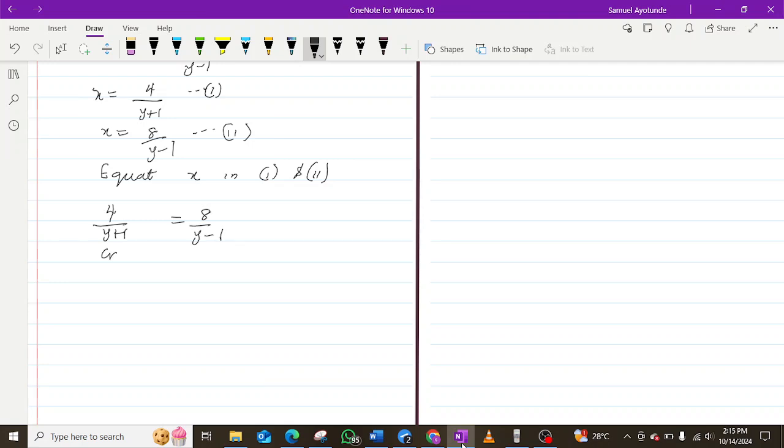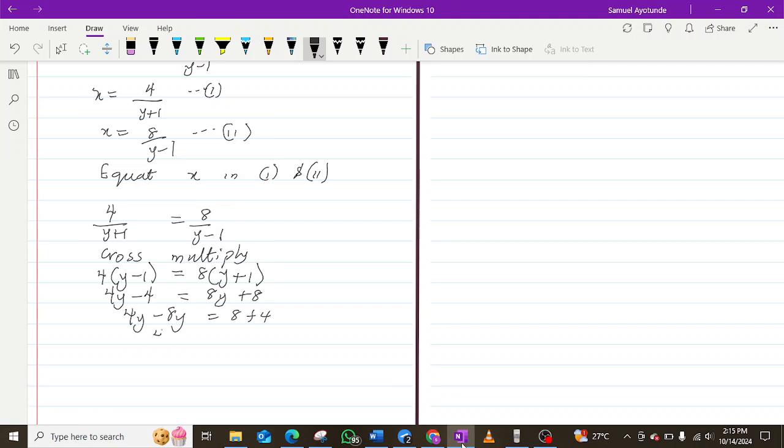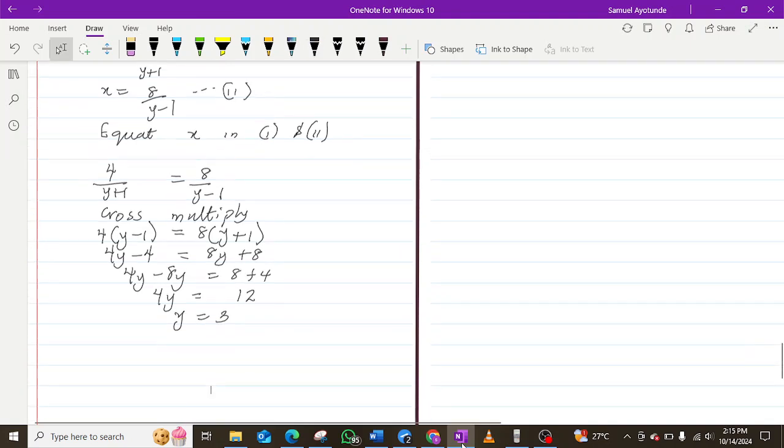So by cross multiplying, I have 4 in brackets (y minus 1) is equal to 8 in brackets (y plus 1). So I have 4y minus 4 equals 8y plus 8 when the bracket is opened. Collecting like terms, 4y minus 8y is equal to 8 plus 4. So here we have negative 4y is equal to 12. Therefore, y equals negative 3. Now I can get the value of x.